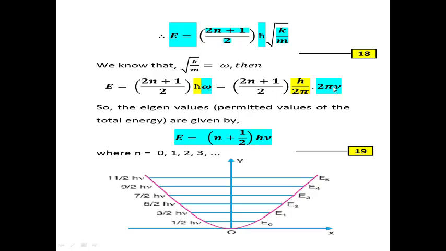So the final solution for the eigenvalues, the permitted values of total energy, is given by E equal to (n plus 1 by 2) times h nu, where n starts from 0, 1, 2, 3 and so on. So equation number 19 represents the total energy of the system.